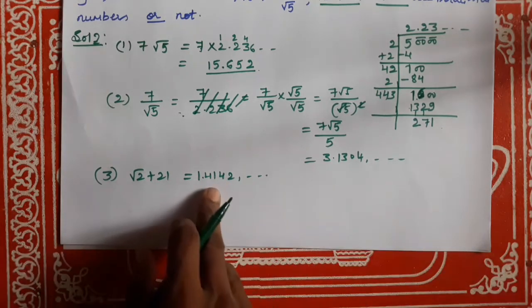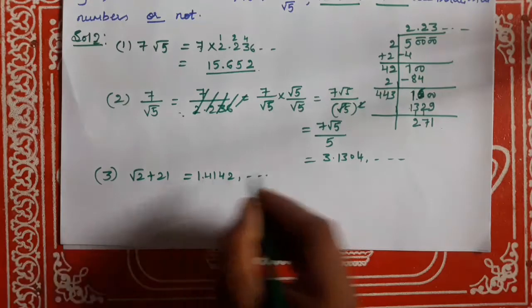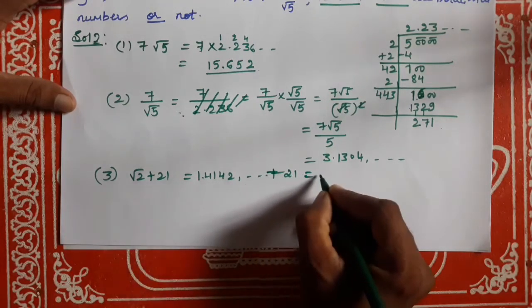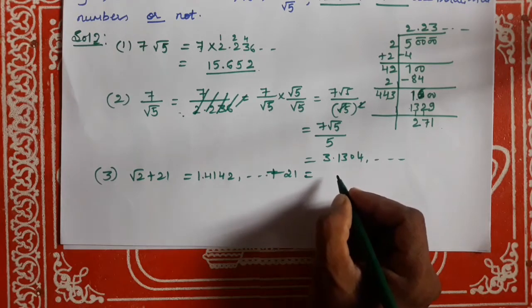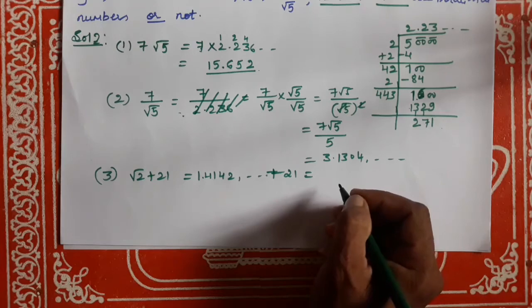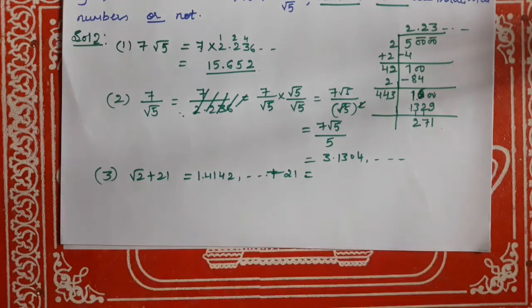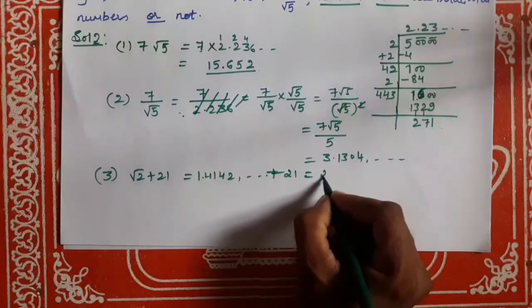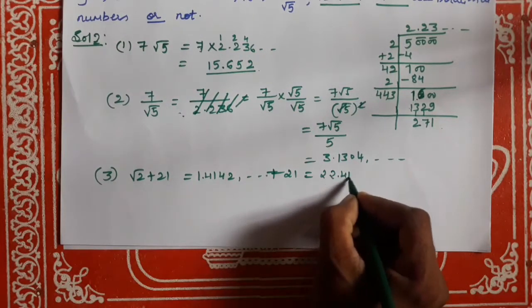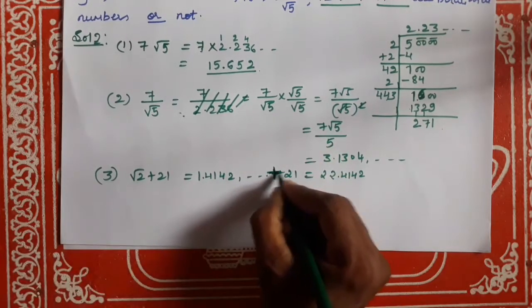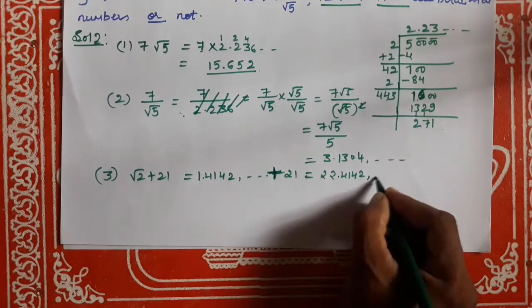Here we get the same, plus 21. If we add, we get the answer 22.4142.